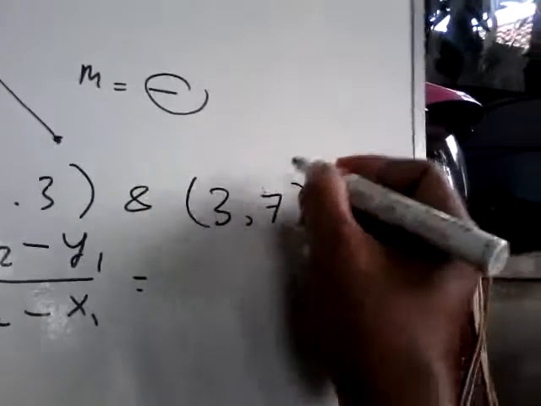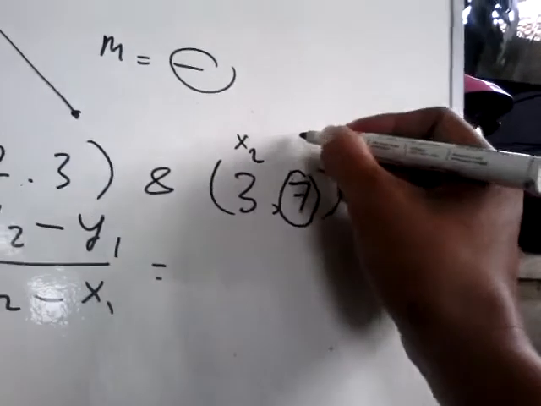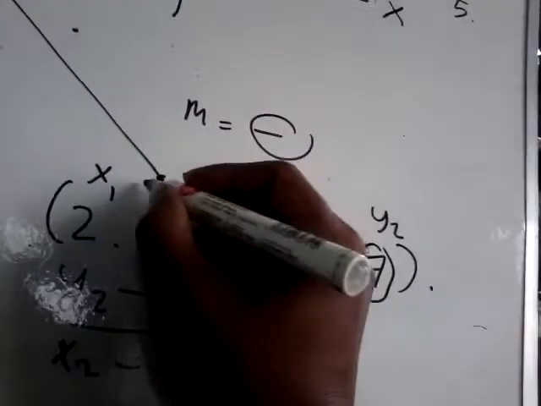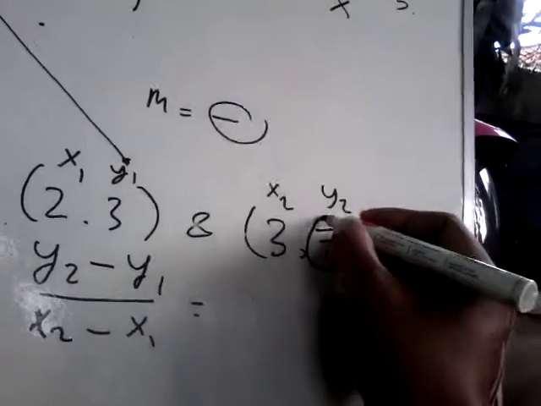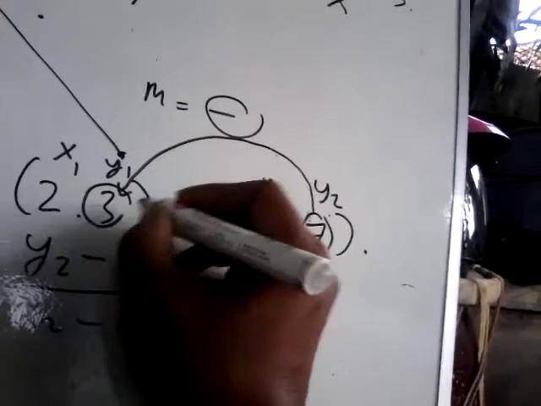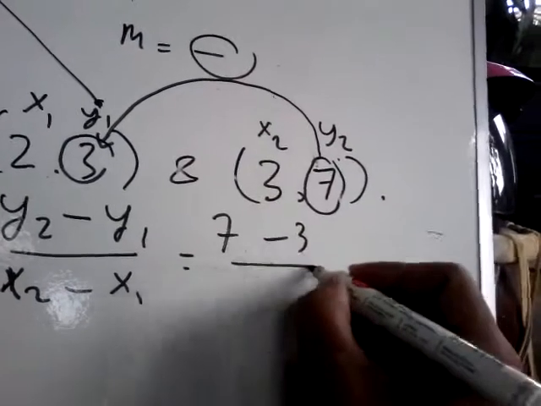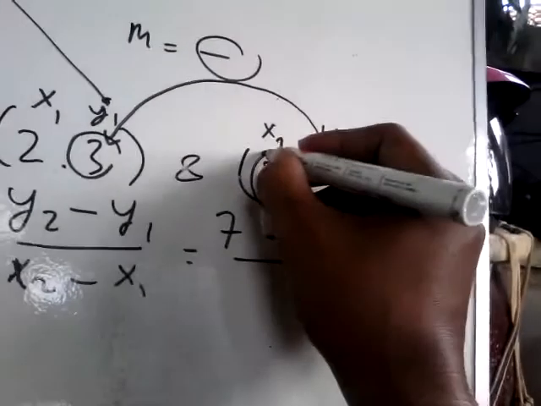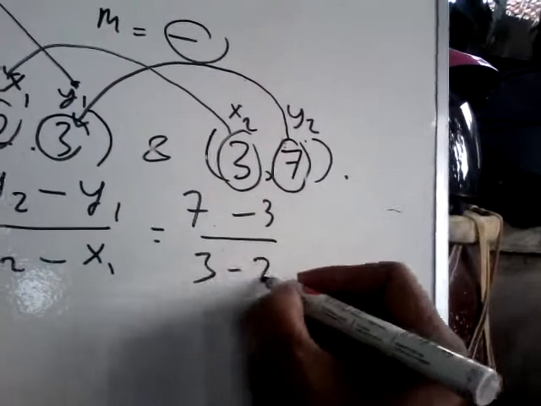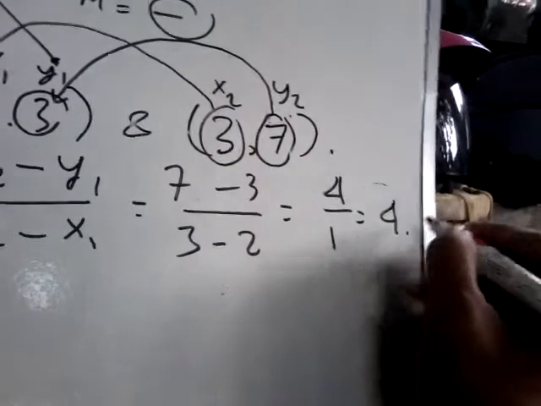This is x2, this is y2, x1, this is y1. You subtract y2 and y1, so 7 minus 3 out of x2 minus x1, 3 minus 2. So the gradient is 4.